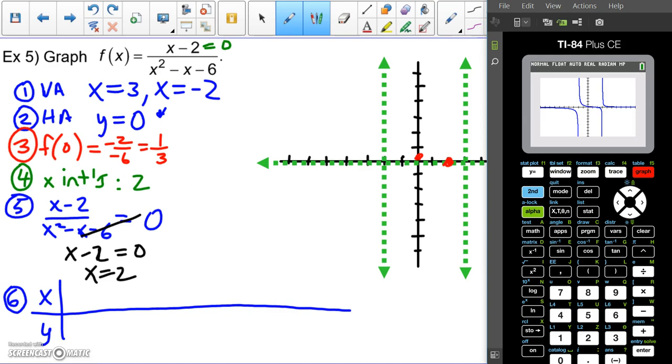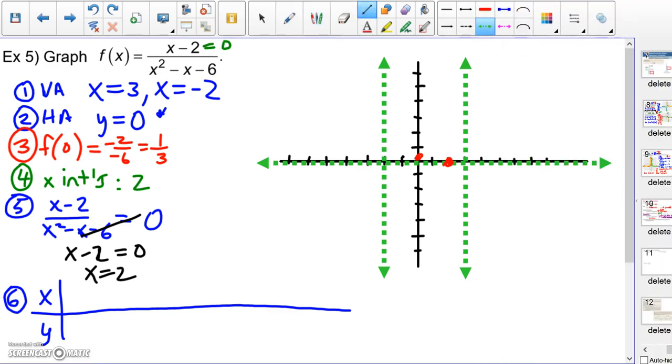But you go to the table, so second graph right there, and you can do as many numbers as you'd like. I like to find numbers kind of around my asymptotes. So think about where the asymptotes are. We have an asymptote at -2 and +3.